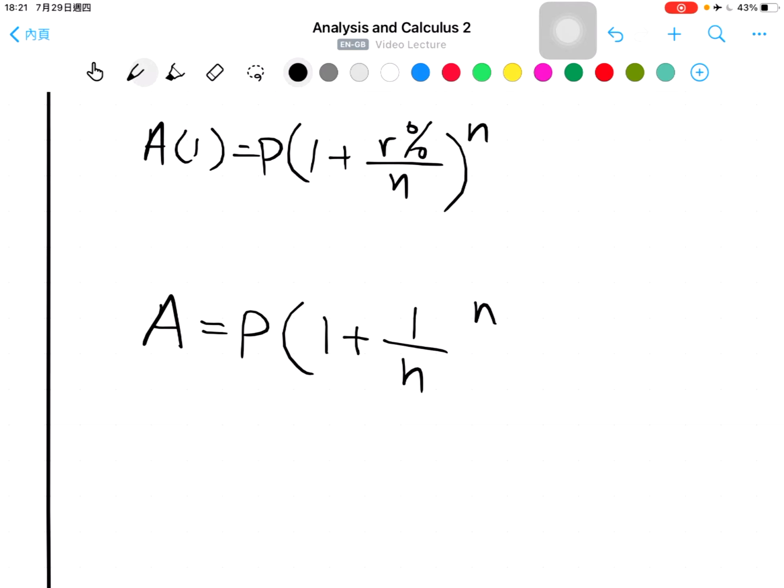What else can I do? I can increase the compounding frequency, right? The more I increase n, the more A is going to increase. Why? Let's see.